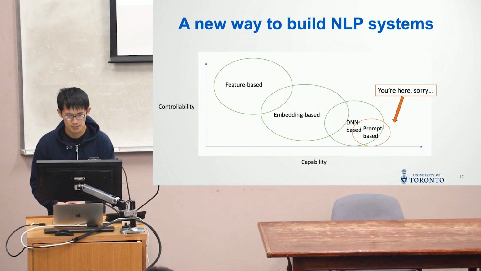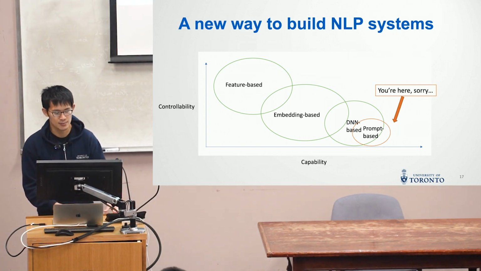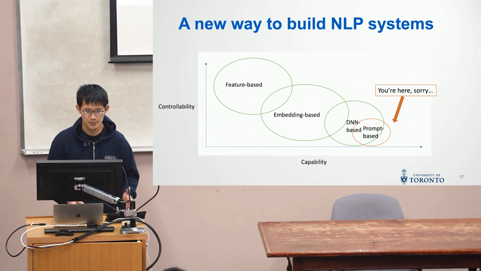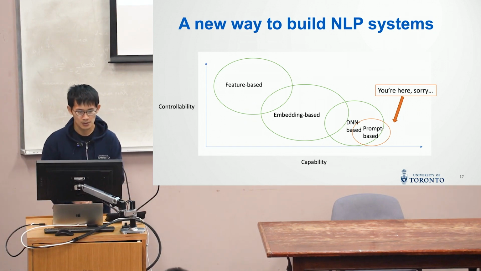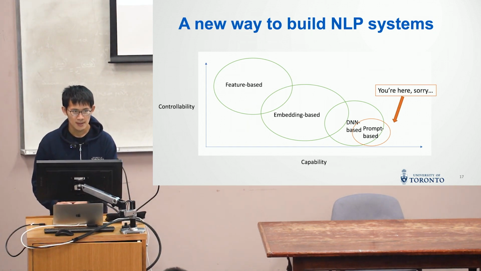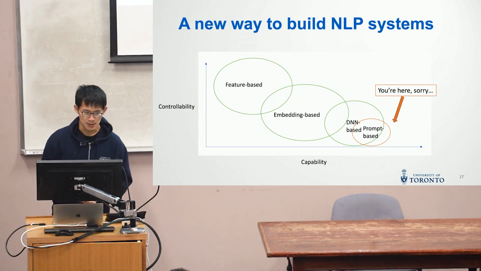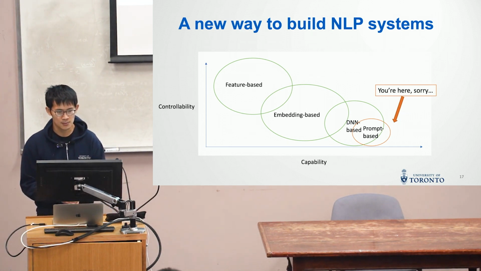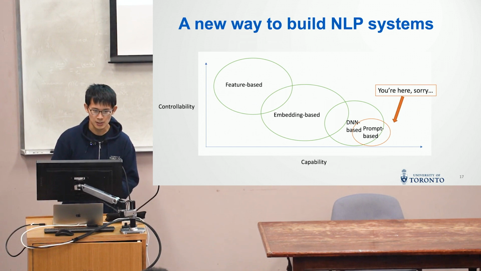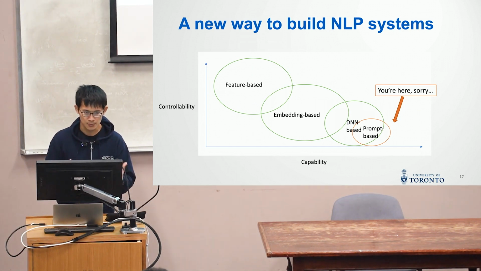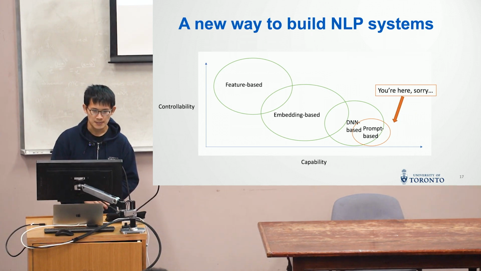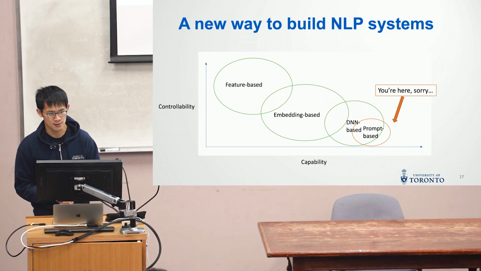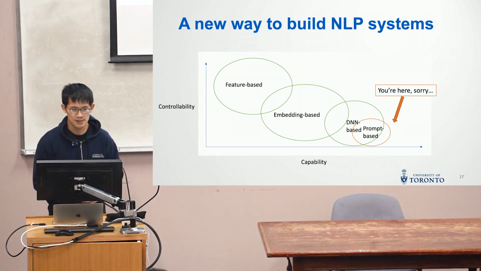Not only because prompt-based models are usually based on deep neural network-based models, so the uncertainties and the lack of controllability that apply to deep neural networks also apply to the prompt-based systems. And additionally, there is another layer of uncertainty in the prompt itself. How do you write the prompt properly, and how do you select examples to properly include in the demonstrations? These types of uncertainty also add to the opaqueness of the prompt-based systems. So they're even less controllable.